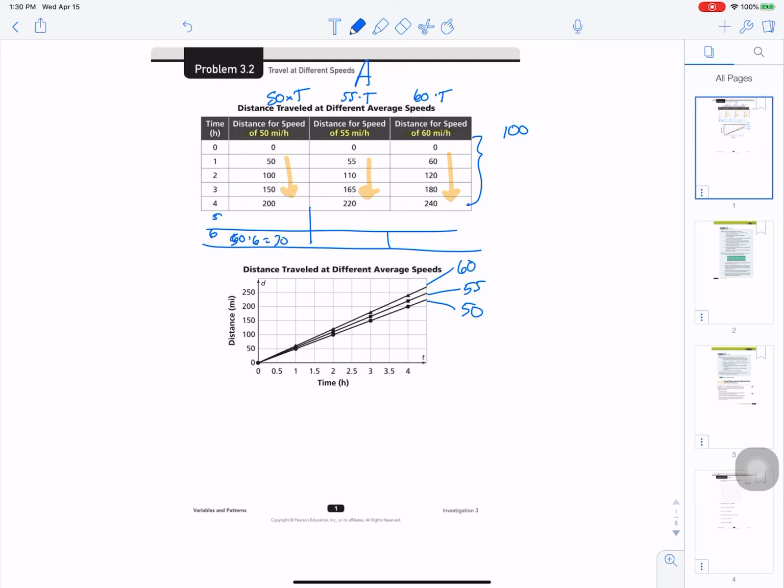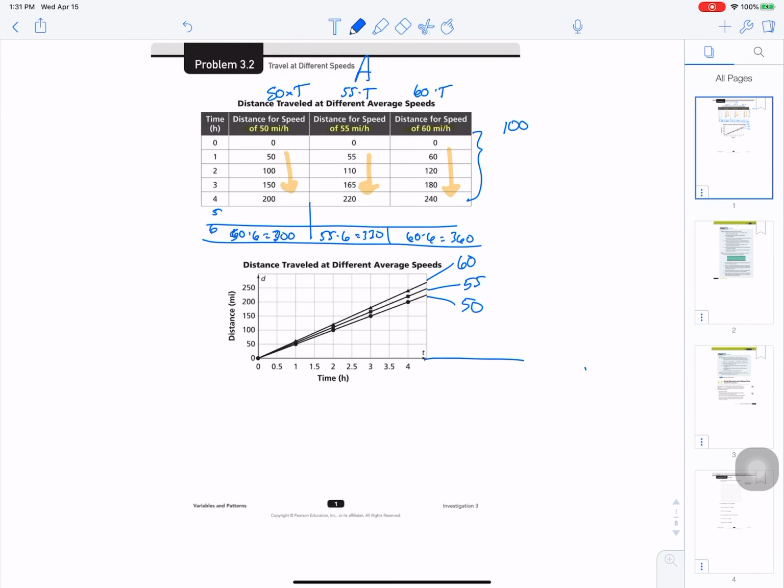You can get 300. Or you could do 55 times 6, and that would be 330. Or you could do 60 times 6, which would be 360. All right, so that's kind of how you use the equation in a way, and the table if you were to fill in the blanks there.